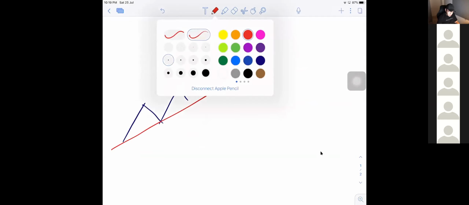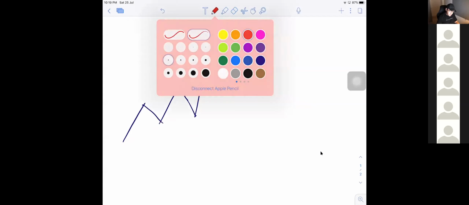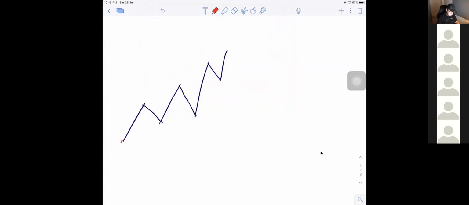And we are having the third point that breaks below this trend line, but closes above. So this time, we need to shift our trend line. We treat this as the first touch and this as the second touch, and our trend line becomes like this.